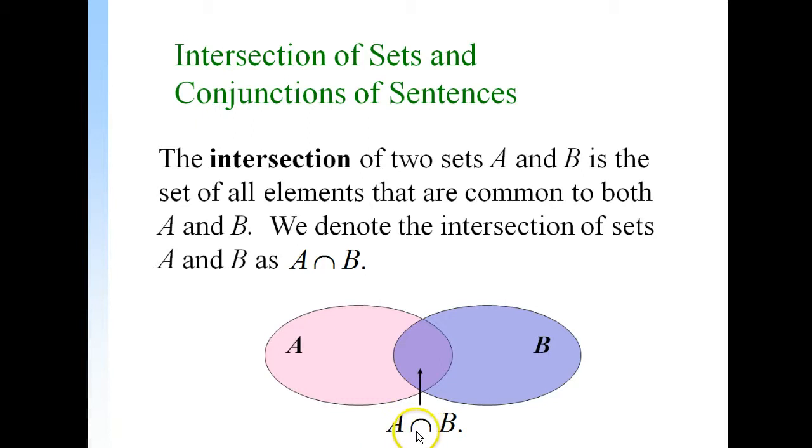So the symbol for this is sort of an upside down U, and this is read A intersects with B. And in mathematics, the word that we use for intersection is the word AND.